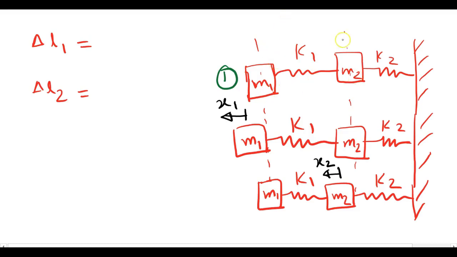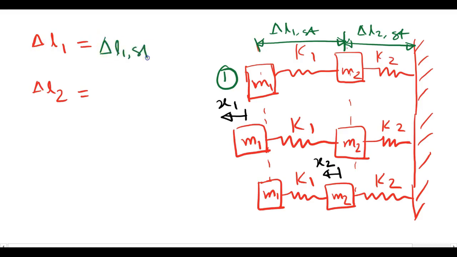At this position, we say this is the static deflection of spring 1, so we write del L1 static, and this one is del L2 static. So for the first case, we write down the equation for spring 1 as del L1 static, and spring 2 as del L2 static.